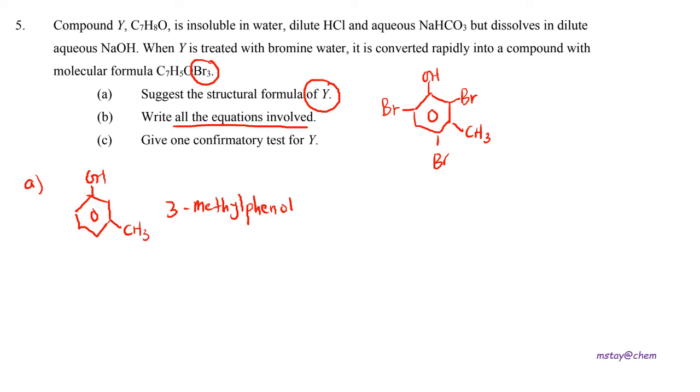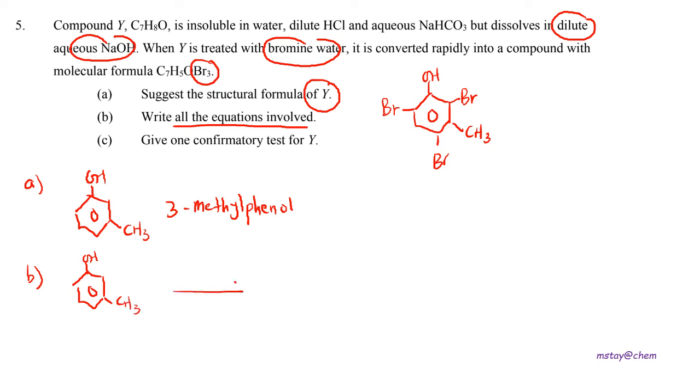And write all the equations involved. There are two reactions: one is with dilute NaOH and another one is with bromine water. We continue with the dilute NaOH first. 3-methylphenol reacts with aqueous NaOH.